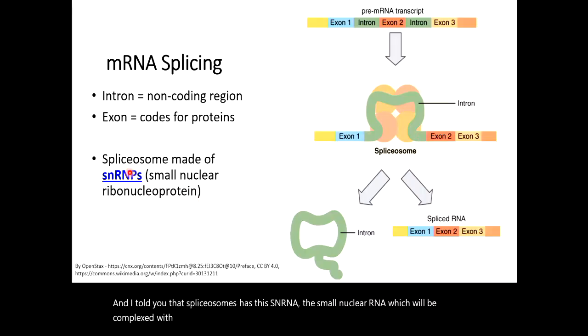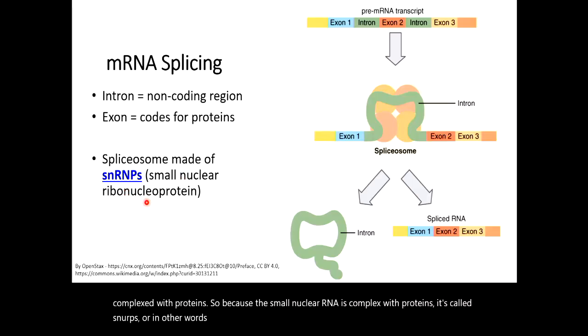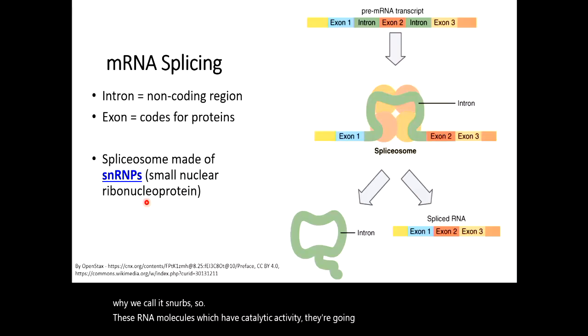Because the small nuclear RNA is complexed with proteins, they're called SNRPs, which stands for small nuclear ribonucleoproteins. A mouthful, but that's why we call it SNRPs. These RNA molecules which have catalytic activity are found in the spliceosomes.